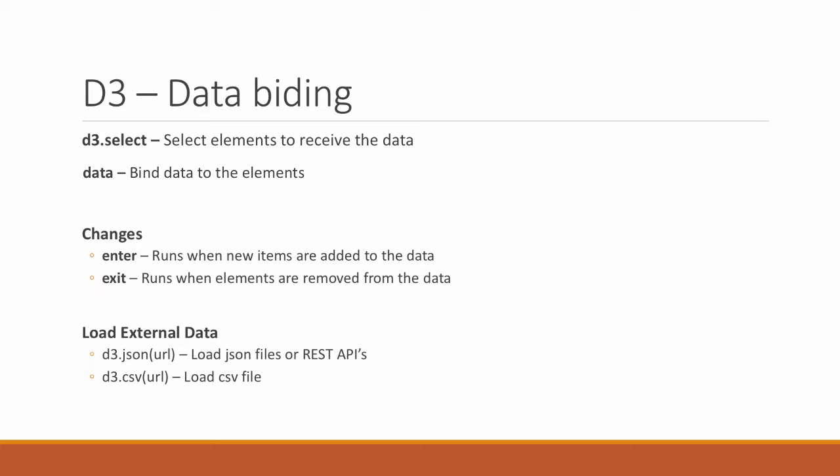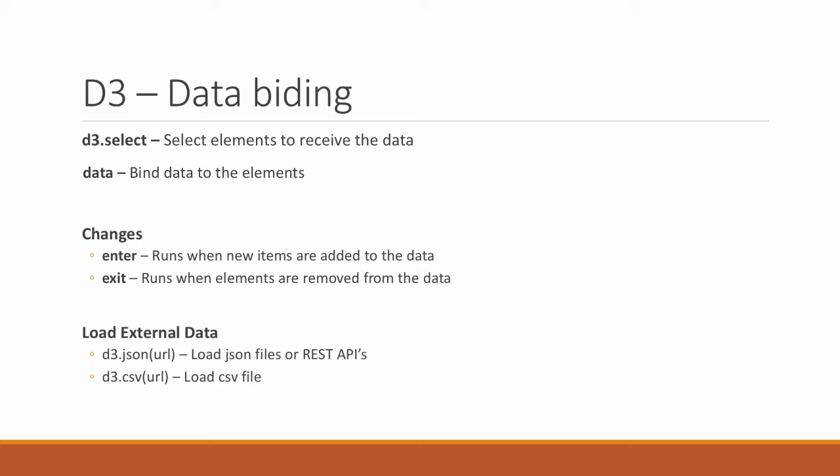And to select the view and update the view, D3 uses selectors. So we have select, that is used to select the elements that will receive the data. Then we have data, that will be used to bind the data to the elements that you select. Then you can handle the changes. We have enter and we have exit. Again, enter for new items, and exit to remove items.